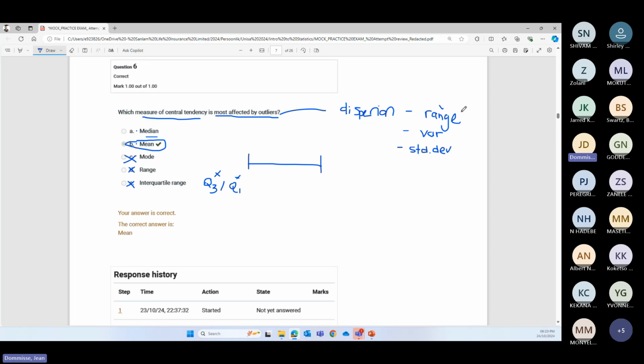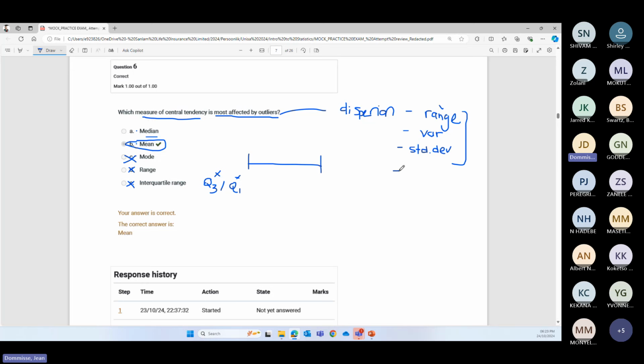But these three will definitely be directly impacted by outliers in the dispersion: range, if it's to the one side minimum or to the other side maximum, and because it has an impact on your mean, it will have an impact on your standard deviation and your variance.